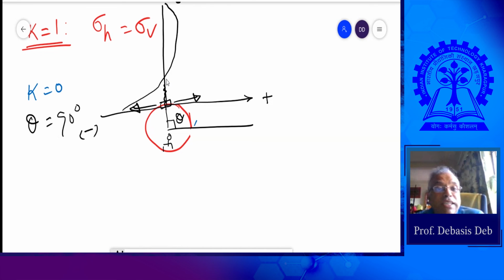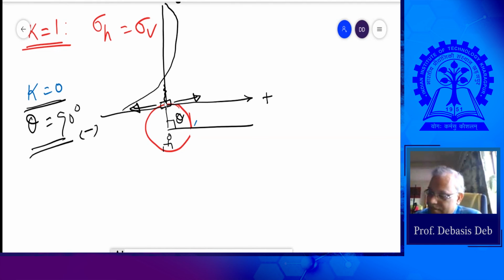So we have to understand the behavior of stress and how much stress it can generate, and whether the tensile strength of this rock can sustain this stress. So that is what has happened at k equals 0 and theta equals 90, and this is a very dangerous situation. See how the in situ stress changed. Due to just making a circular opening, I completely disturbed the stress.